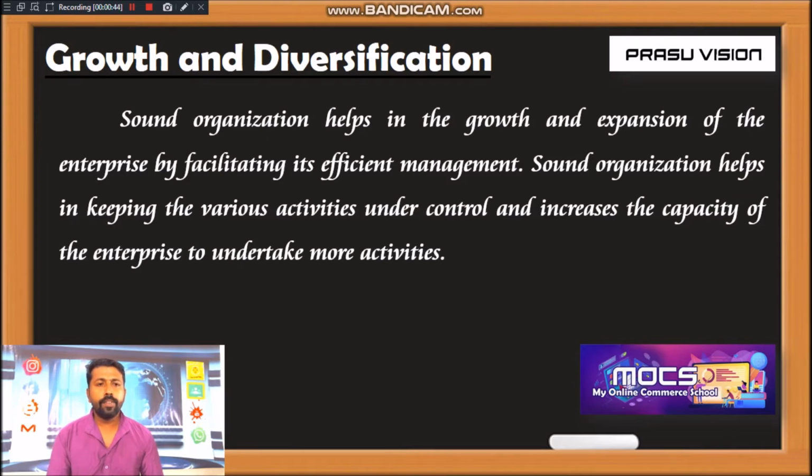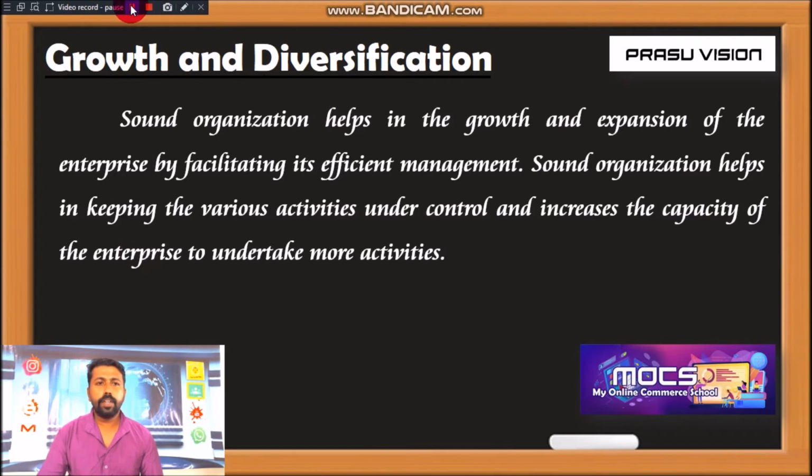You know very well, when we are identifying each and every element in an organization and bringing them in a systematic order under each department, and creating better relationships among all these departments, the activities will help very positively for the growth and expansion of the organization.